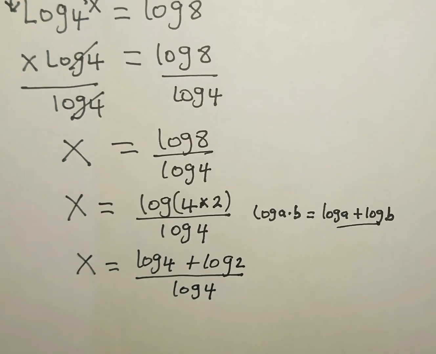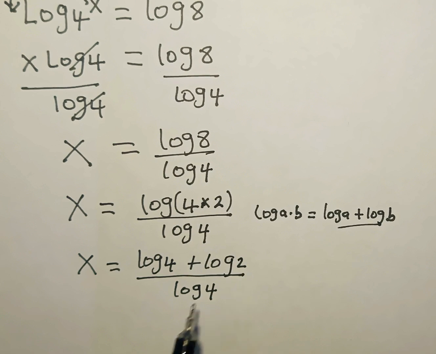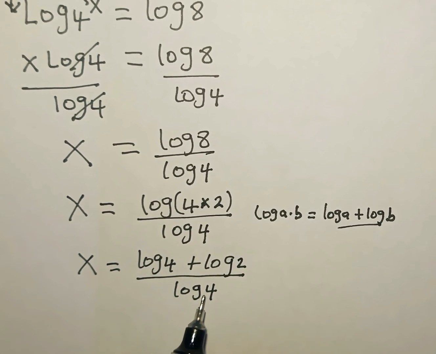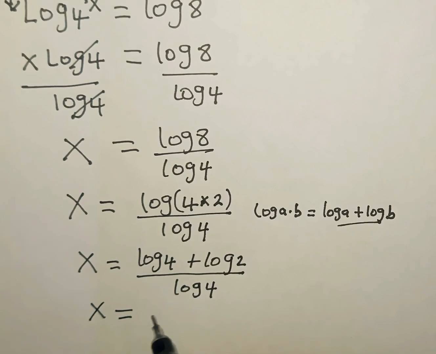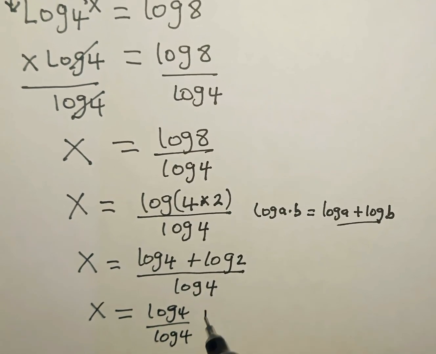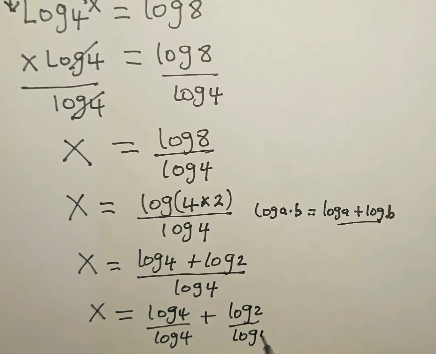And one of the properties of mathematics, since we have log of 4 adding to log of 2, and in the denominator we have log of 4, therefore these two terms can share. So we have x now will be equal to log of 4 over log of 4, then plus log of 2 over log of 4.